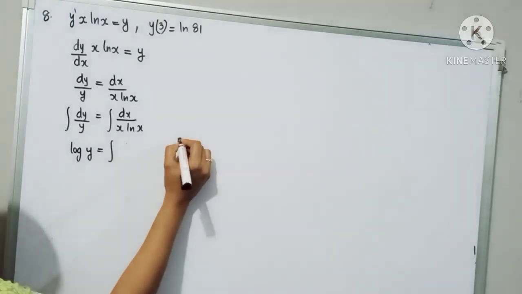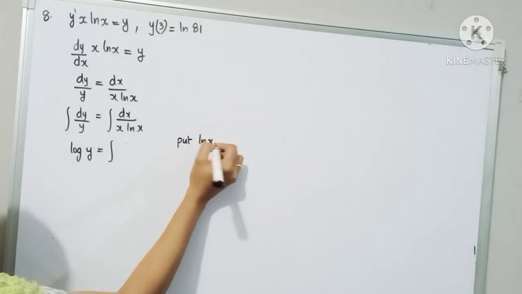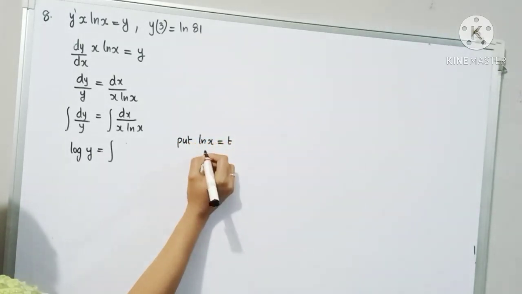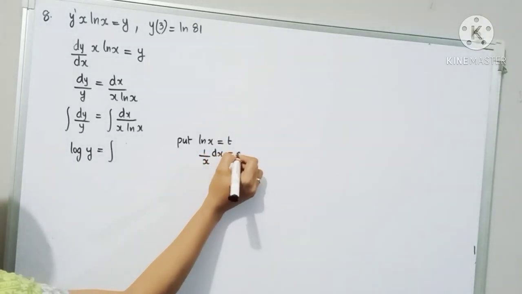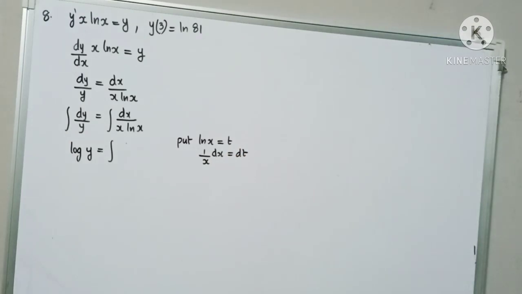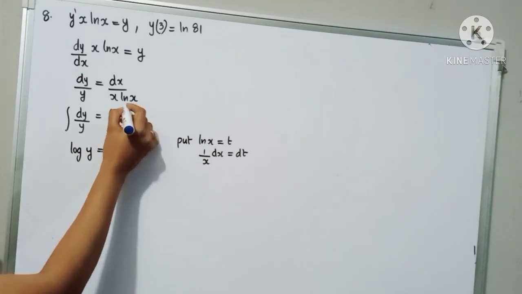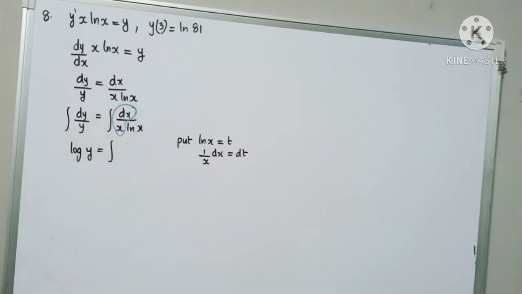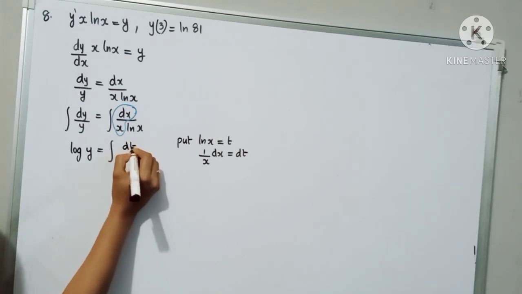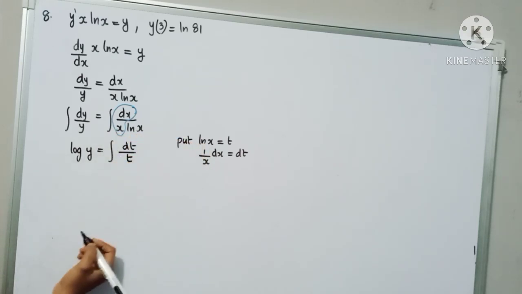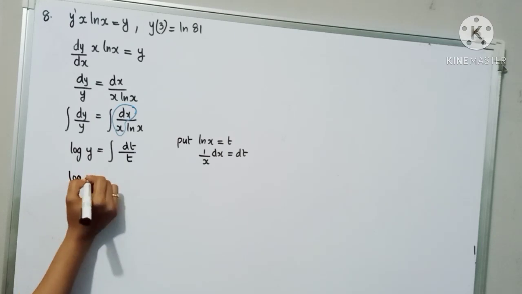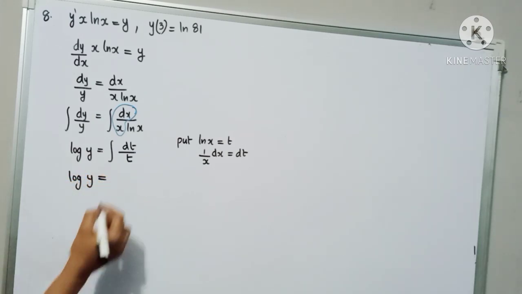Put ln x = t. The derivative of log x is (1/x) dx = dt. So (1/x) dx is dt, giving dt/t. And here log y is equal to the integral of 1/t, which is log t.